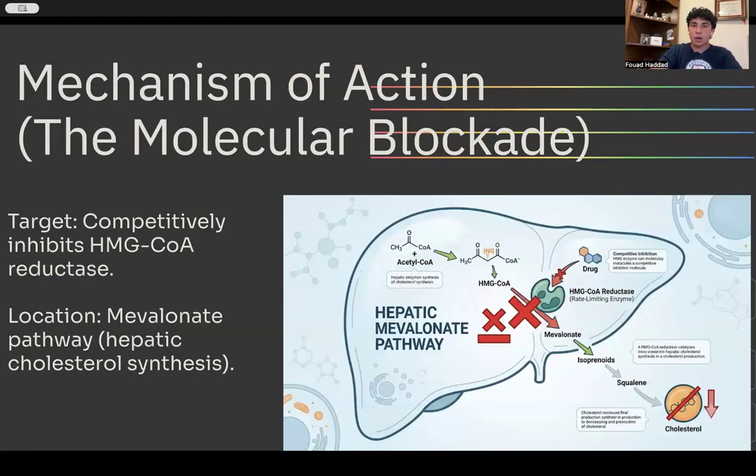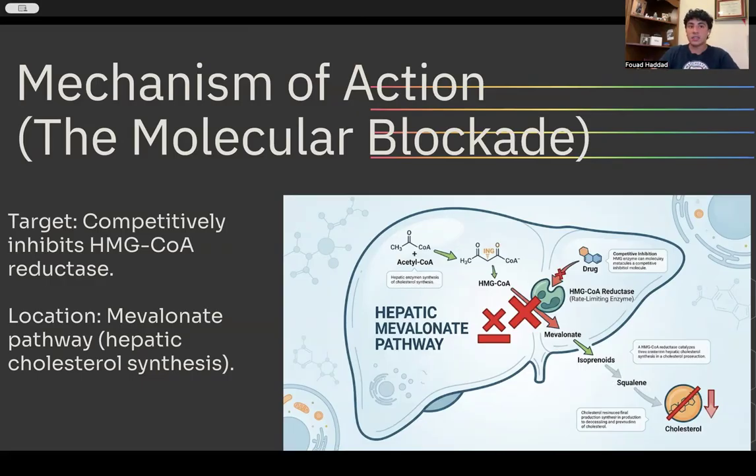Moving on to the mechanism of action, this is where the drug's impact on our body's internal biochemical systems is particularly fascinating. At the molecular level, statins work by competitively inhibiting the enzyme HMG CoA reductase.